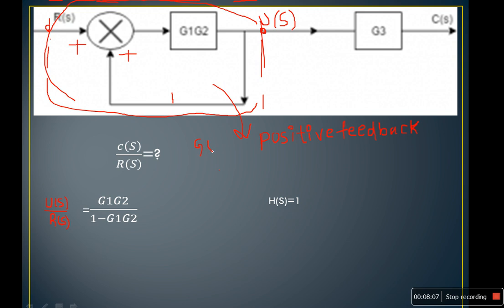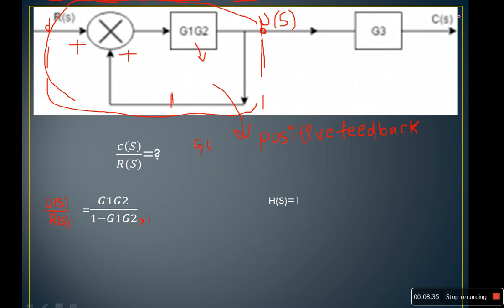In place of G of s I am having G1 into G2. In place of H of s I am having only 1. So substituting, G1 into G2 by 1 minus G1 into G2 into 1. H of s value is 1. So this is the transfer function for this particular block.